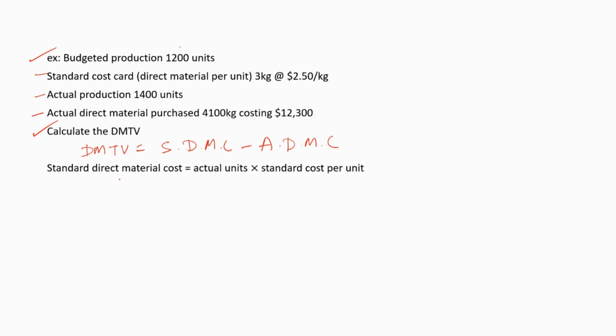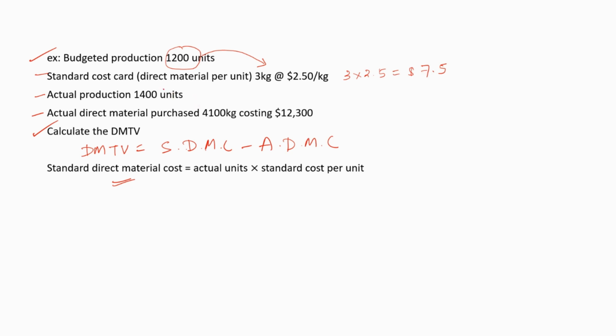There is a very important point you have to learn here. Most students will calculate the standard direct material cost by multiplying the budgeted production by the standard cost per unit value, which is 3 multiplied by 2.5, $7.5 per unit. This is incorrect.